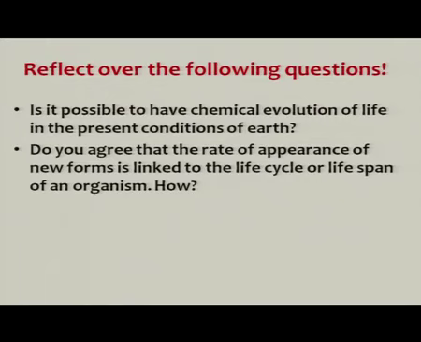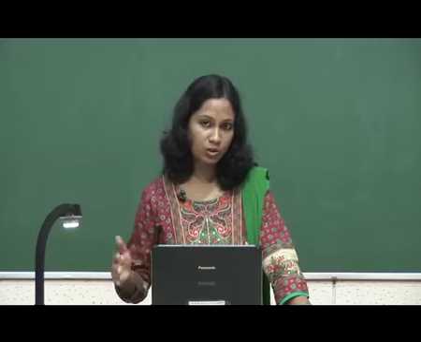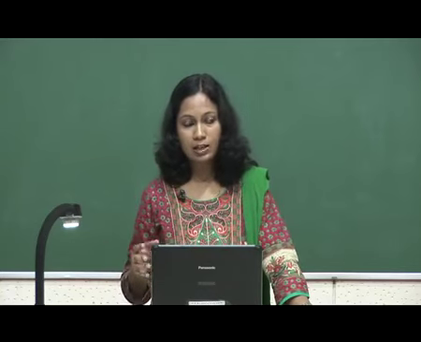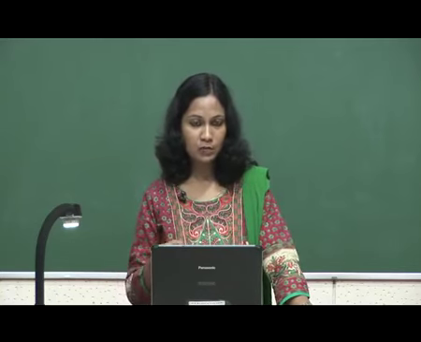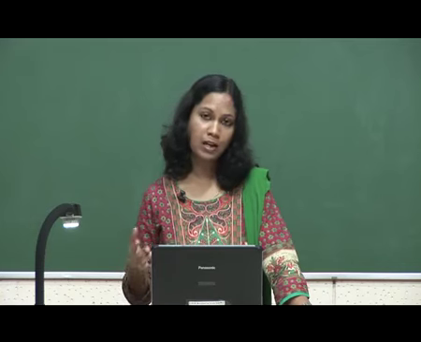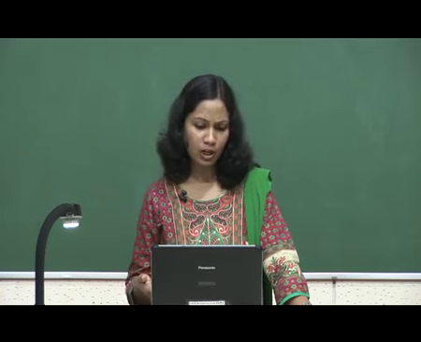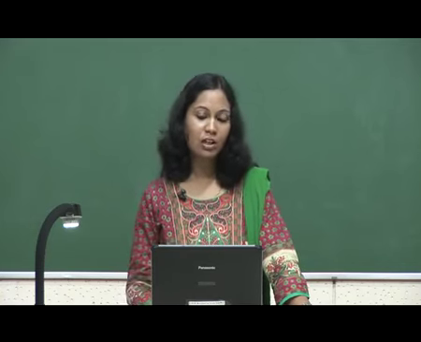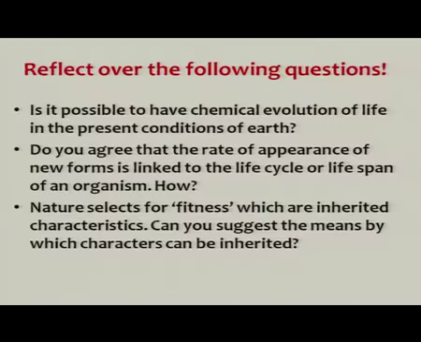This means that the rate of appearance of new life forms is linked to the lifespan. For instance, if an organism has a short lifespan, will it reproduce faster, and if an organism has a longer lifespan, will it reproduce at a slow rate, and is it related to evolution in any way?